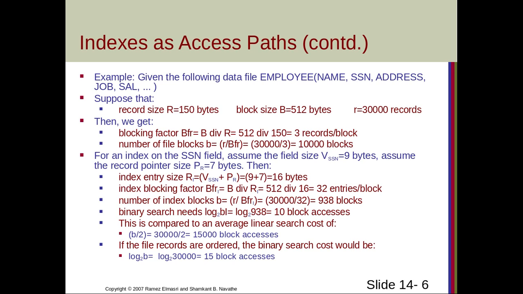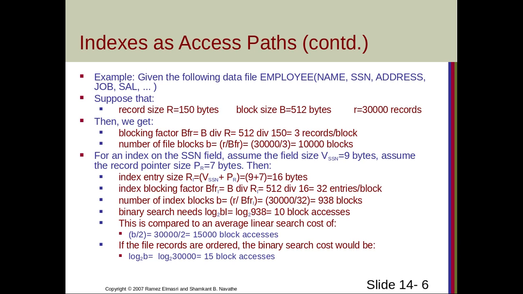For an index on the SSN field, suppose that I am going to have a social security number, and depending on that social security number I am going to have an index, and for each social security number you should have a pointer to the block in which it is stored.